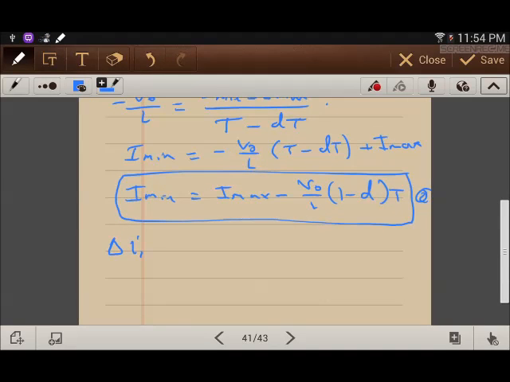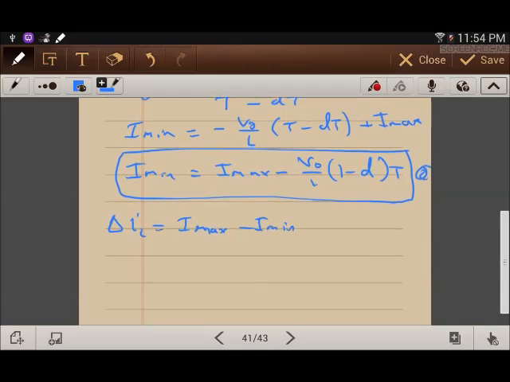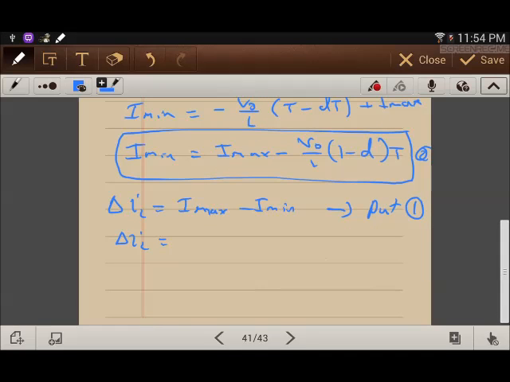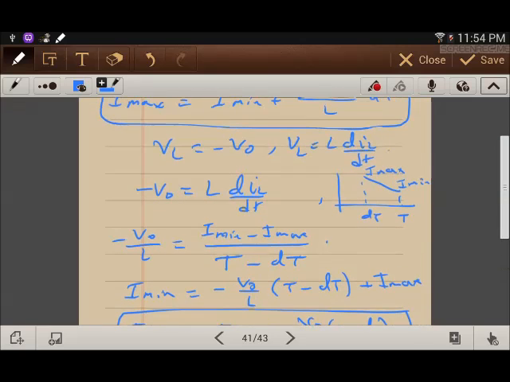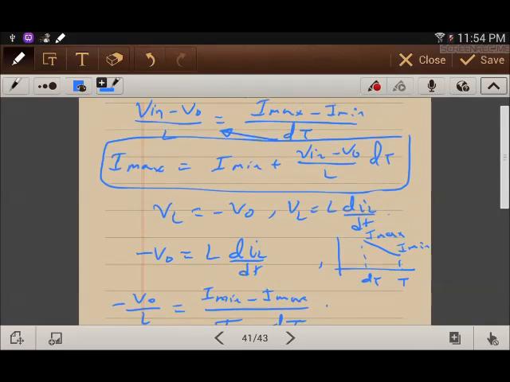And if I want to find the peak-to-peak level of the current, which is I max minus I min, I will get that delta IL, put it in equation number 1, which is this one. I will substitute I max with this one.